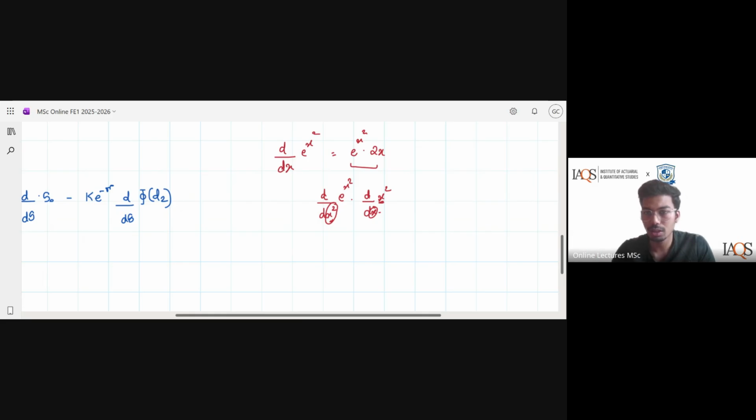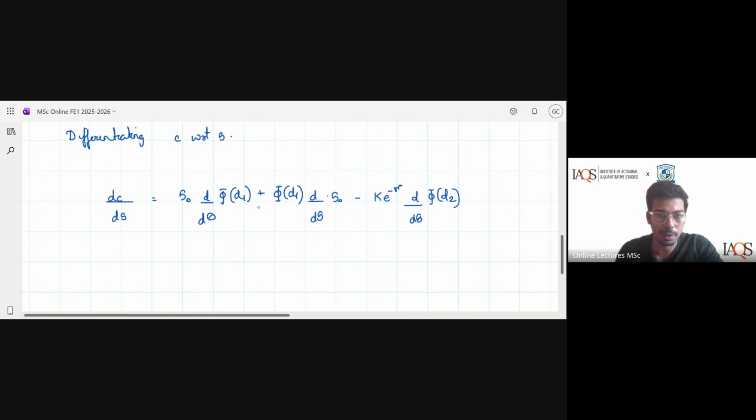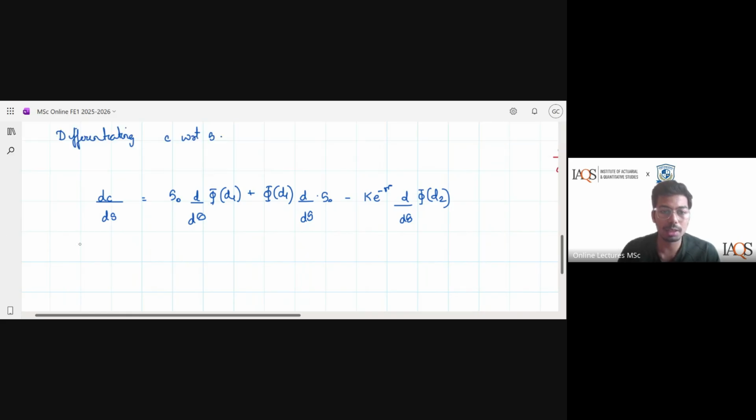Fair enough? In a similar way, in my equation, dc by dS0, can I write it as d by dd1 phi of d1 into d by ds of d1?